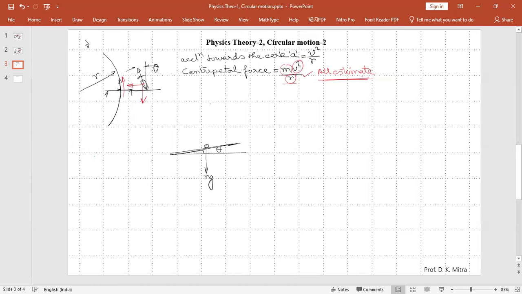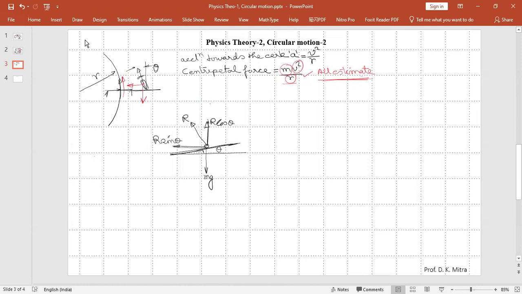And it has a reaction perpendicular to the road surface, and say this reaction is R. The component of R vertically is R cos theta. The component of R horizontally is R sin theta.